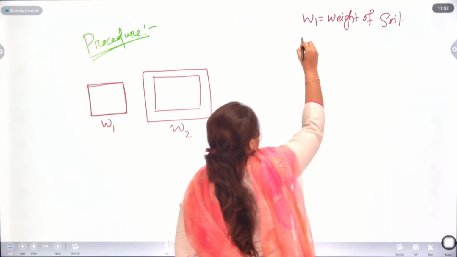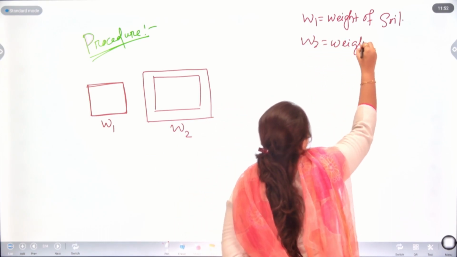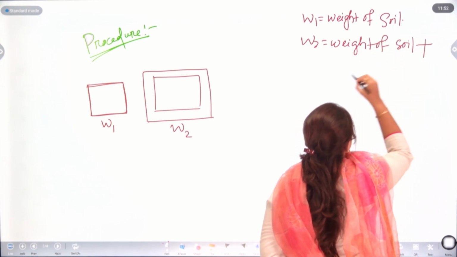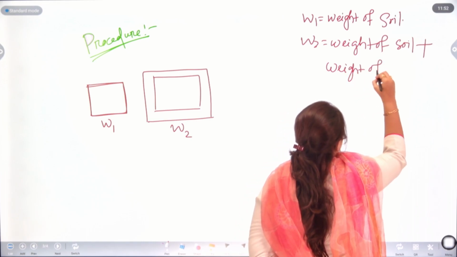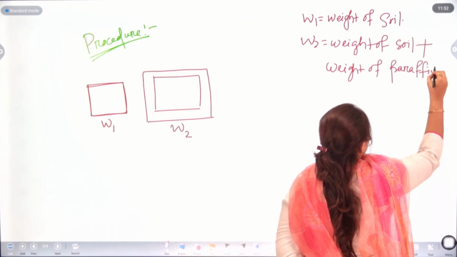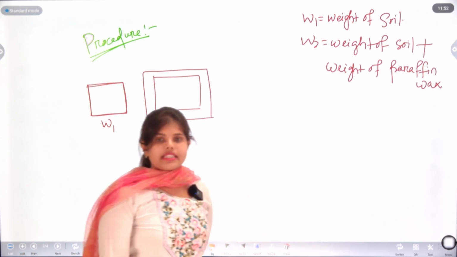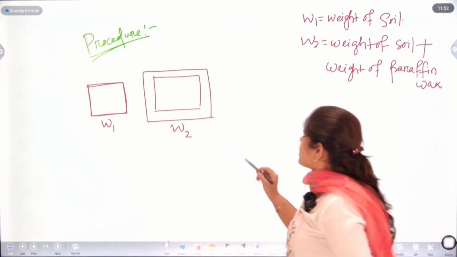So, our W2 will be weight of soil plus weight of paraffin wax. You can ask why we use the paraffin wax here.